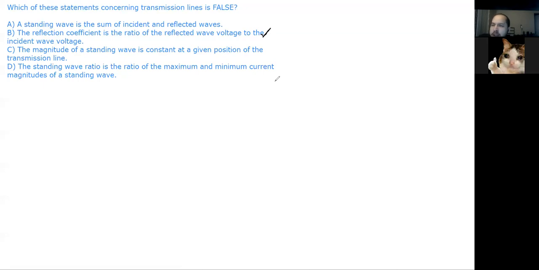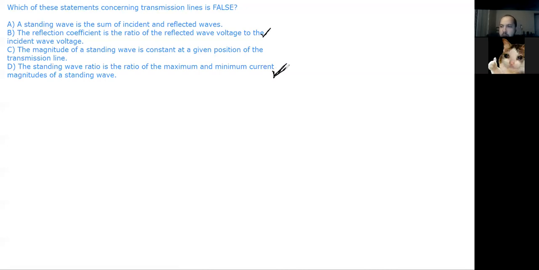Okay, remember with the standing wave ratio, it had to involve the gamma constant: 1 plus gamma divided by 1 minus gamma. So I'm thinking D sounds right.